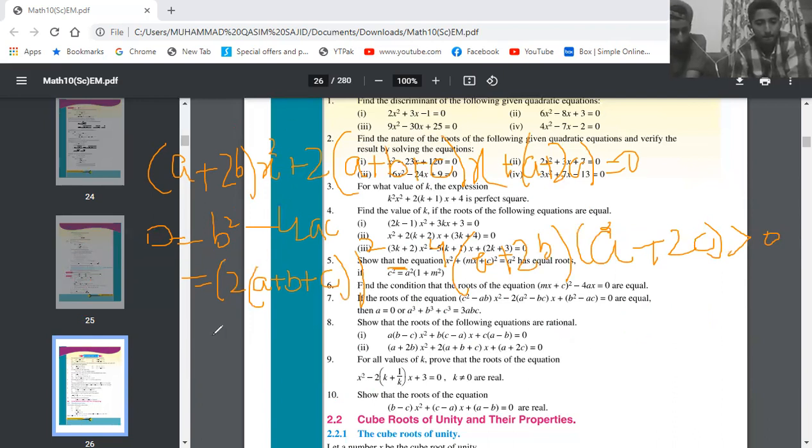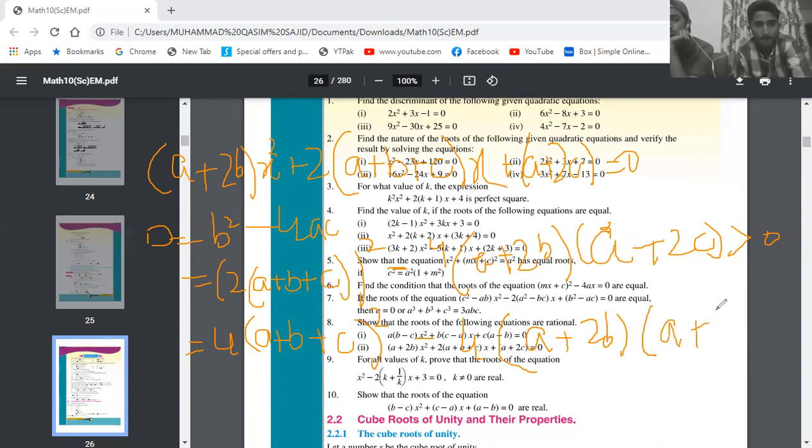Now just simplify it. 2 square means 4, so 4 into (a plus b plus c) whole square, then a negative sign, 4 into (a plus 2b) into (a plus 2c) is greater than 0.